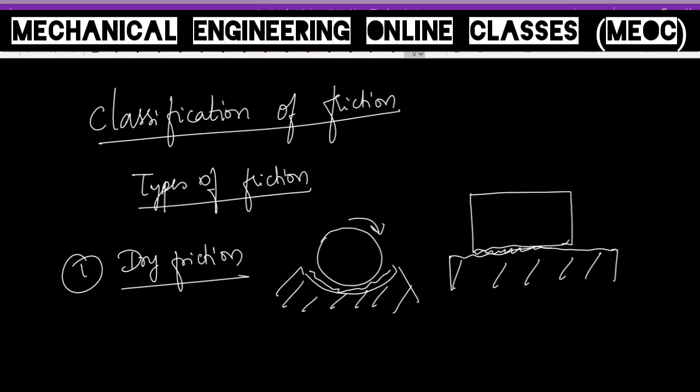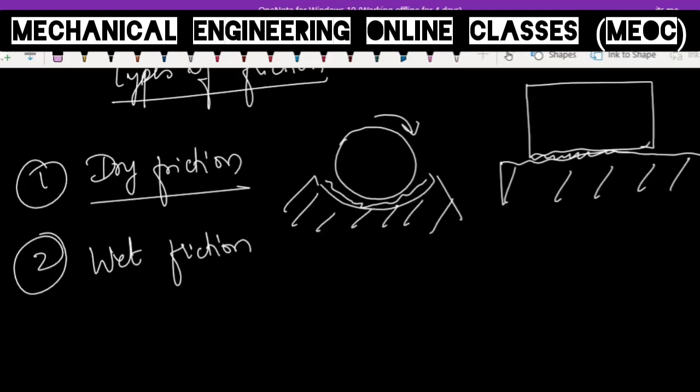So we are creating a wet surface, giving a wet layer between the two solid objects so as to reduce friction. The friction that is developed between a liquid surface and solid surface is called wet friction. So this dry friction and wet friction classification is based on whether the two surfaces in touch are with lubrication or without lubrication.